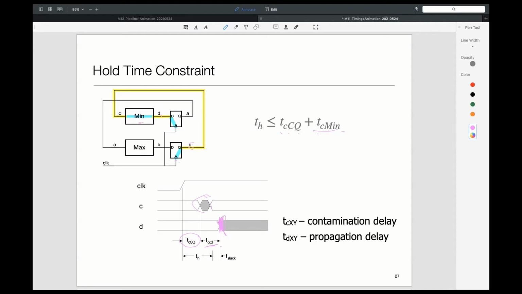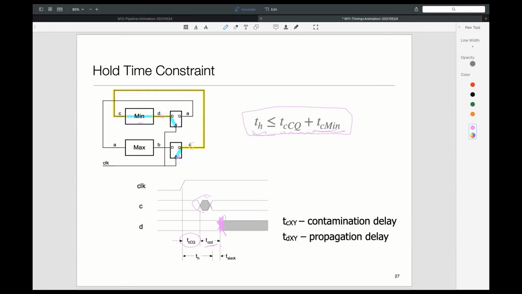In other words, hold time must be less than the total contamination delay from the clock edge arriving at the bottom flip-flop to D changing. So if my circuit is too fast, if contamination delays are too short, then I may end up violating the hold time of the following flip-flop. And so this equation must be satisfied.